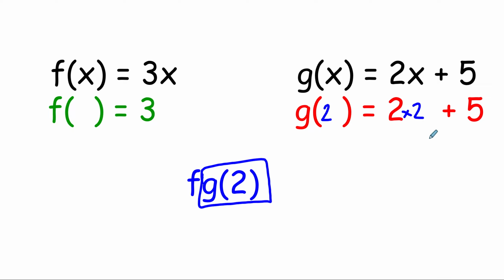So 2 times by 2 is 4, and then 4 plus 5 equals 9. So our 9 is our output value. Now as 9 is the output value, we're going to place it into the f function. So 9 comes here. Whenever we have the x, we substitute it with the 9. So this means 3 multiplied by 9, which is 27. And that answers this question.